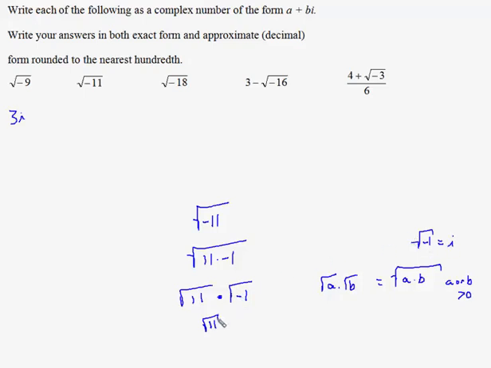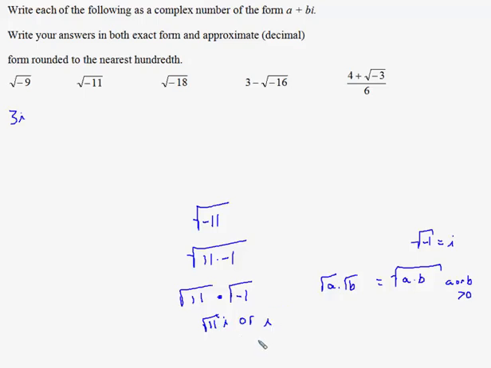I'm going to draw this little line here to make sure that you understand that the i is not under the radical. In fact, it can be written in equivalent form as i times the square root of 11. Remember that multiplication is commutative, so you can switch these around and still get the same thing. I tend to write it this way so that it's very clear that the i is not under the radical.